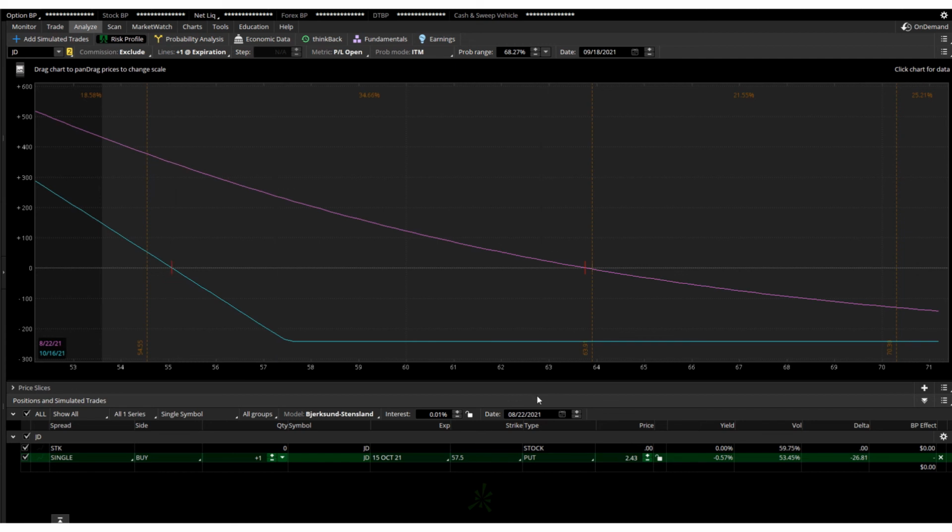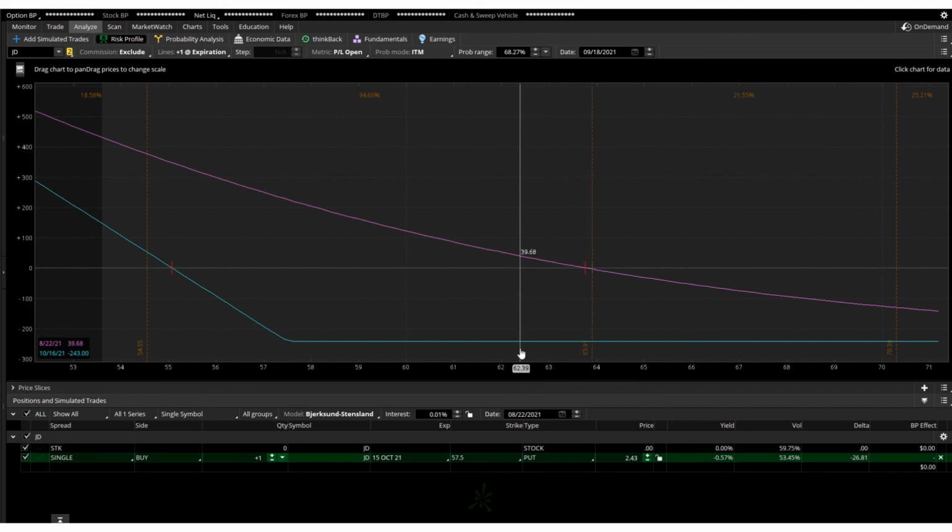So if I'm purchasing at $2.43 or $243, come Monday after I purchase, this is showing that I'll have a negative $243 in blue. So if I move the cursor over here, first thing Monday morning, if I do the trade, I'll be negative 243.